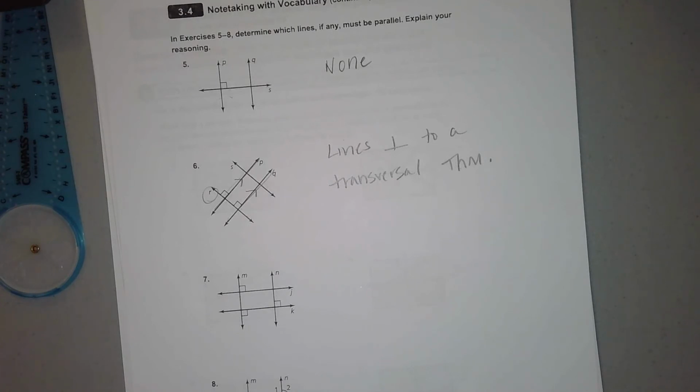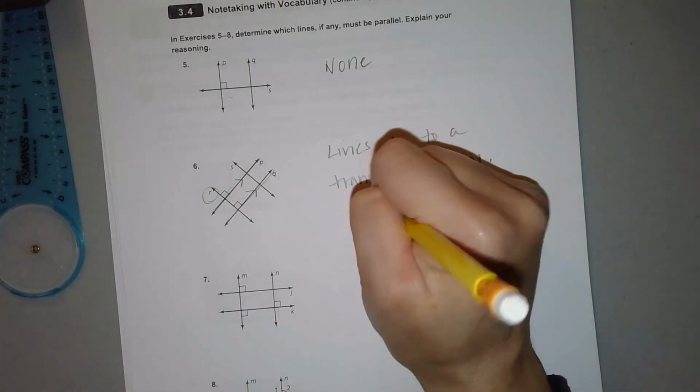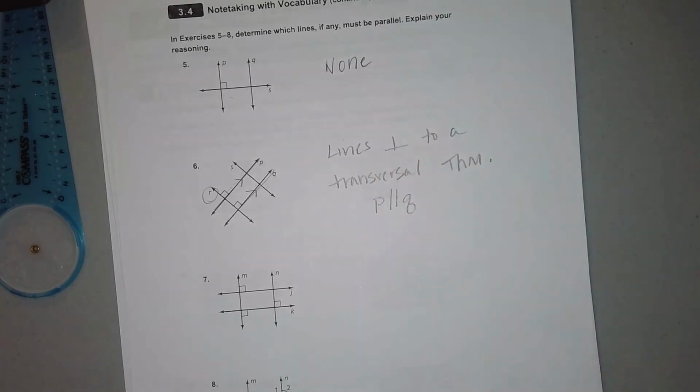Let's go to number 7. If we're trying to prove M and N are parallel, I should probably mention that P is parallel to Q up here. Do we know that two lines are perpendicular to the same line? Well, M is perpendicular to J and N is perpendicular to K, so they're not perpendicular to the same line.